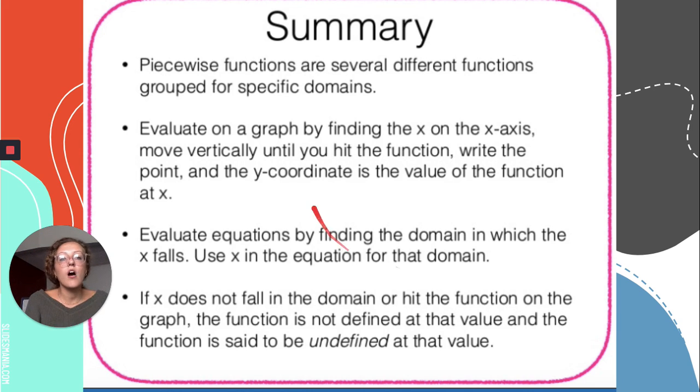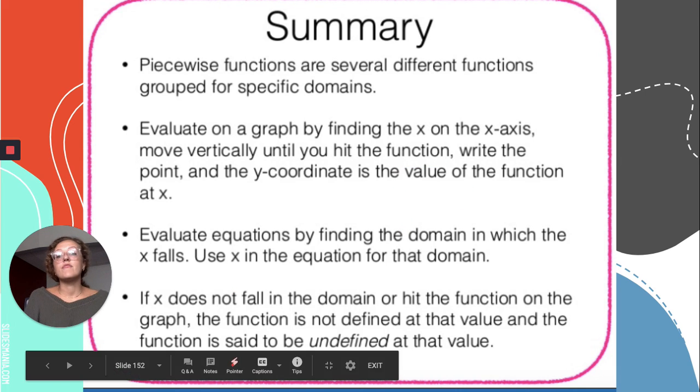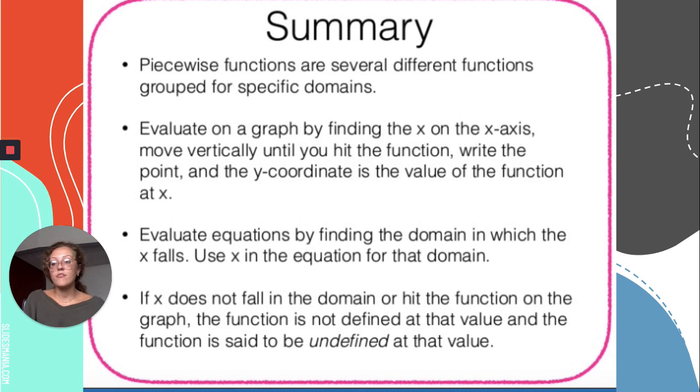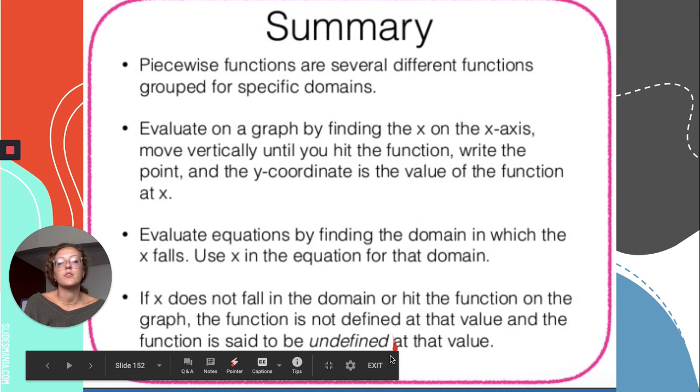We can evaluate equations without a graph, if it just says f of 2, by looking at which domain it falls into, and then plugging it into that equation. Lastly, if it doesn't fall in the domain, or it doesn't hit anything on the graph, that means it's undefined. So that's what you'll write on your paper for those values: undefined.